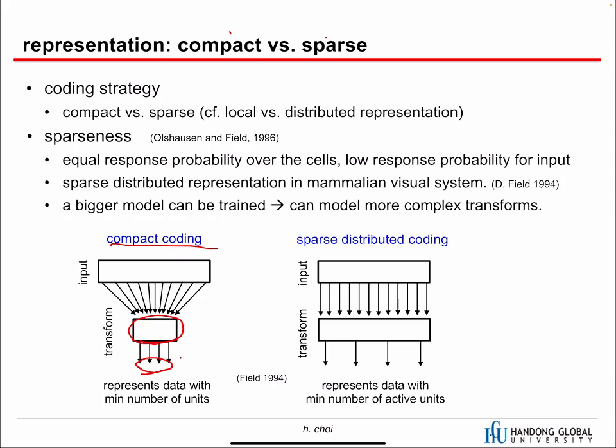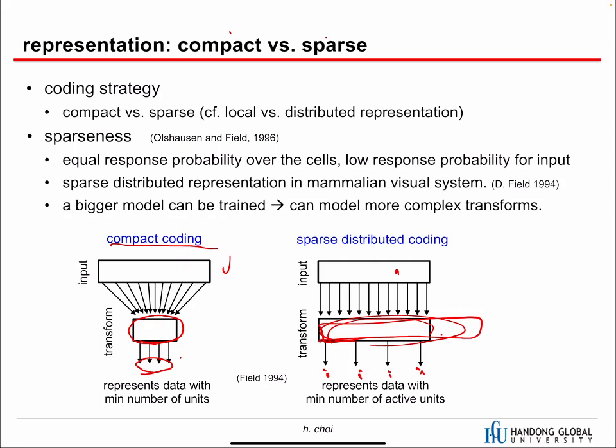In this example, only 4 dimensions are enough to represent the data set. But in sparse coding, we don't have a compact representation. Sometimes we have a bigger model, but we use only a few neurons or nodes. So the model is similar to or bigger than this one, but we still have a well-represented vector here. What is the sparseness, by the way?